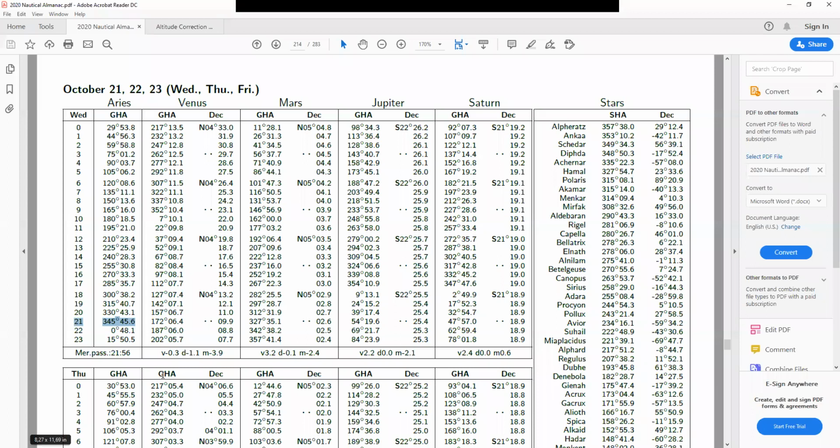So 345, 45.6. And this is, of course, the left-hand column, eh? So for nautical twilight, which was at 2149, we have 345, 45.6.